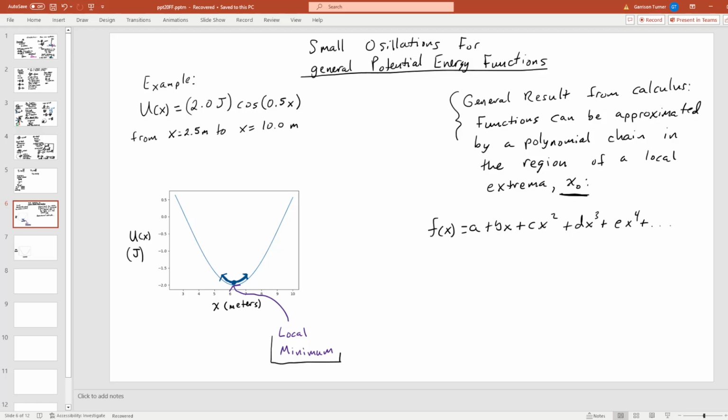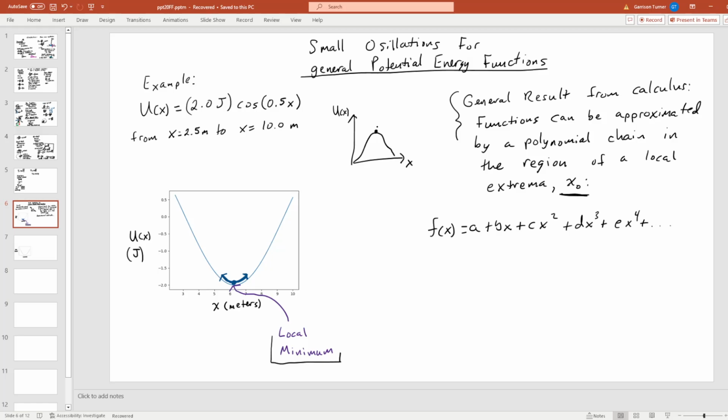Now, the small oscillations will only work for local minima. If I had a local maximum, I wouldn't get oscillations because the object would not come back to the original equilibrium point or move past it. It would escape. So a local maximum, just for context, if I have something like this, where I have a function with a local maximum, and I put my particle right here.